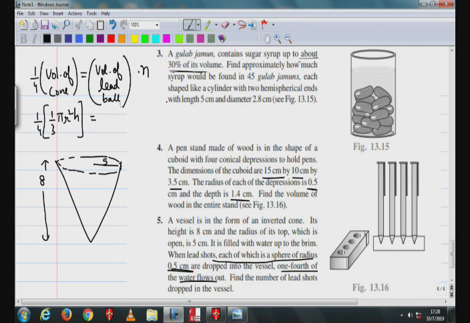So the volume of a lead ball, which is in the shape of a sphere, is 4/3 pi r dash cube. Make sure that this r and that r are different, and multiply by n. Here you can cancel out pi from both sides, and the 3 and 3 will also get cancelled out.